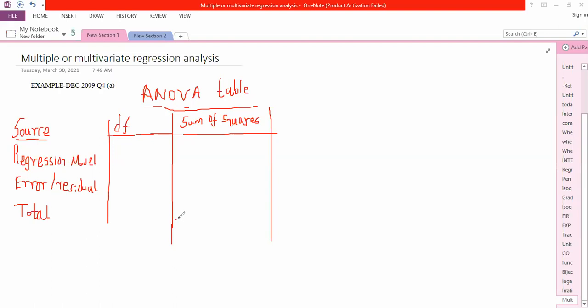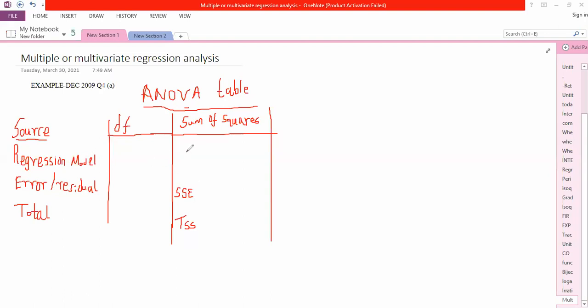So allow me to call the sum of squares for the total the TSS, the total sum of squares. And then we have the sum of squares due to the error term or due to the residue. So I'll call this one the SSE, due to the error term.